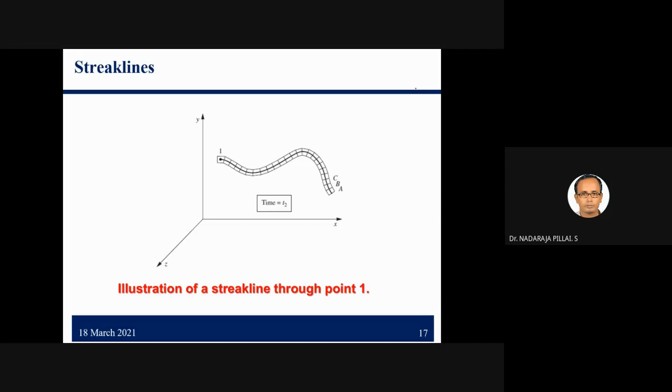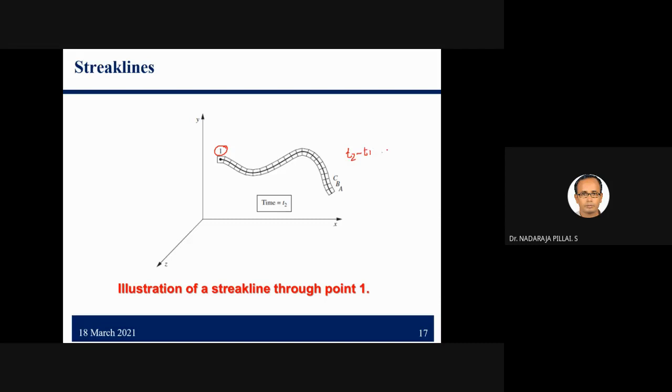Let us consider this diagram. You have a fixed point 1. Then assume that the fluid elements are passing through the point 1 over the given time interval, T2 minus T1 being the time interval, right?